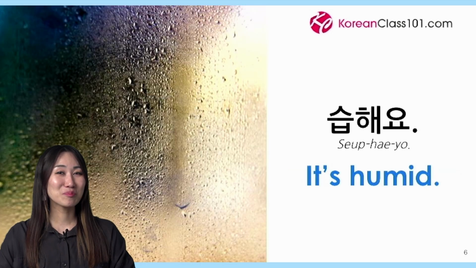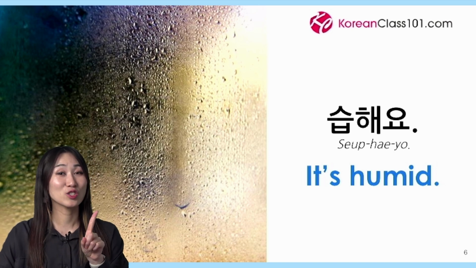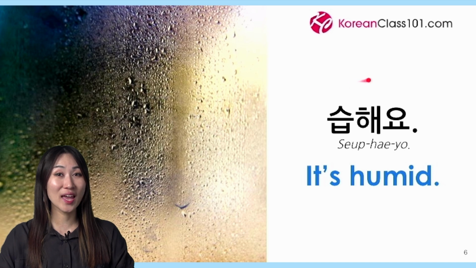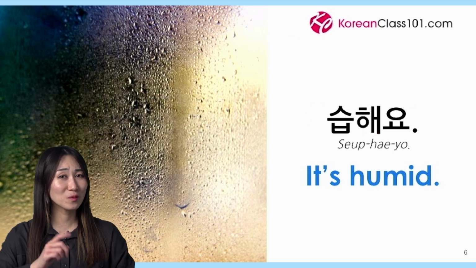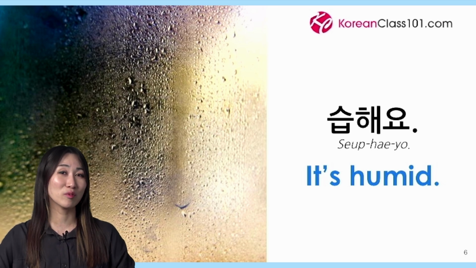And the next bad thing about summer in Korea is, well, as I just mentioned, it's humid. In Korean, that is 습해요. So this is a sentence. 습해요. So be careful if you just put some food on the table for a few days, it might get moldy.